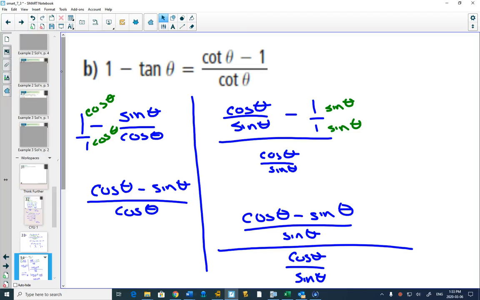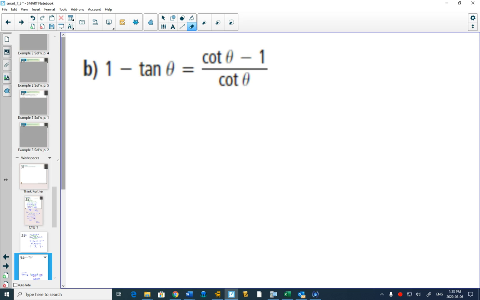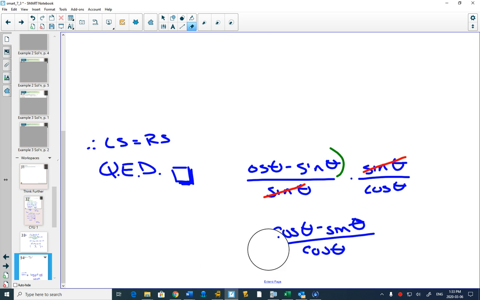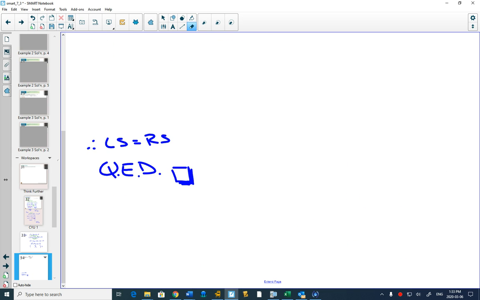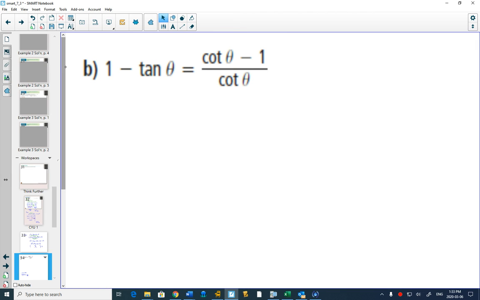Sometimes one of the things that you're going to realize, I'm going to erase, is that, hey, I could change things to the same trig function in both really easy.